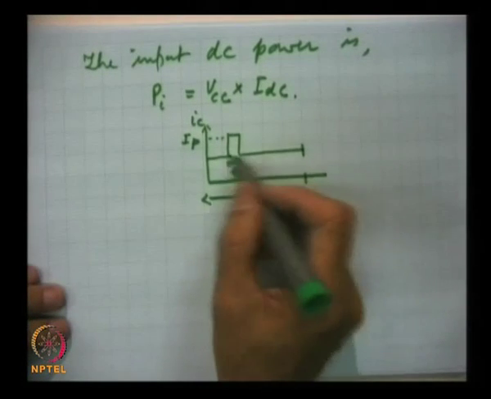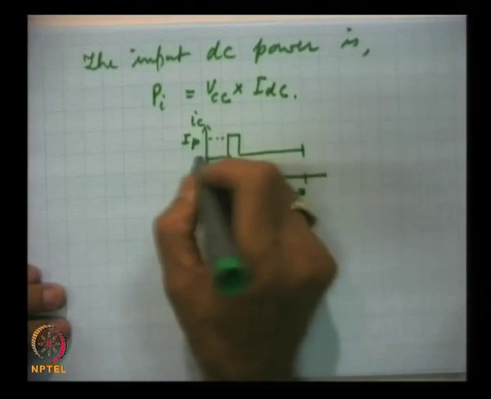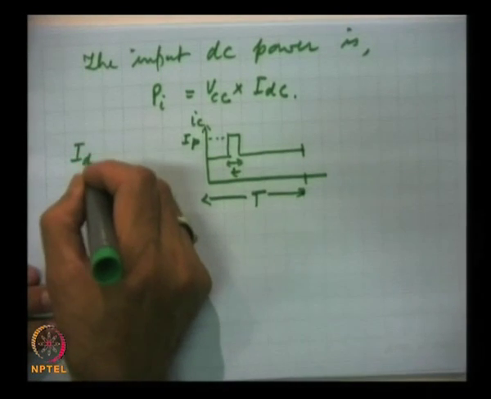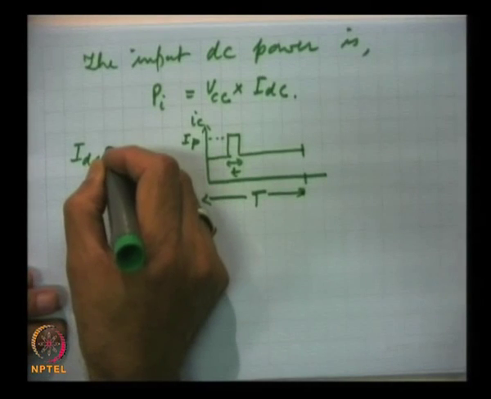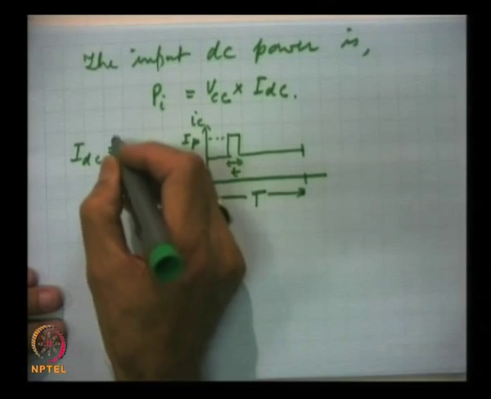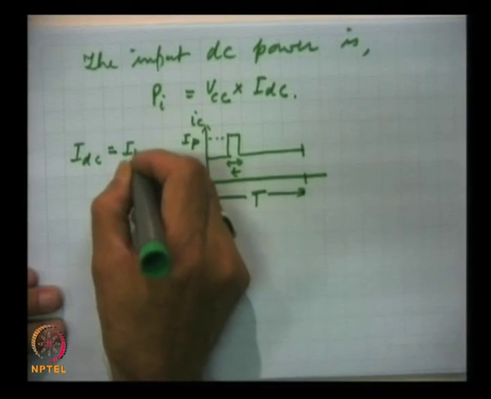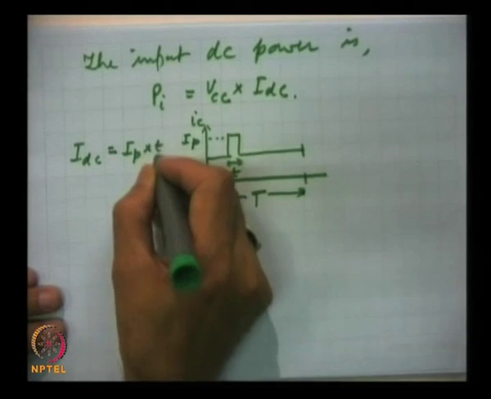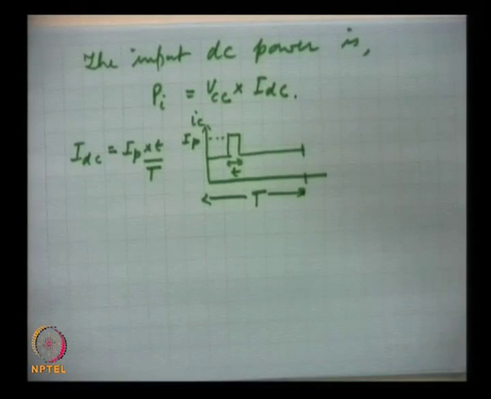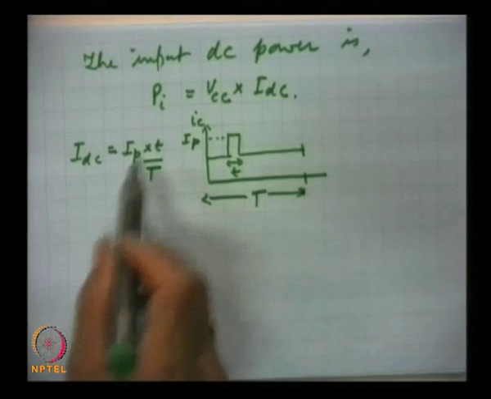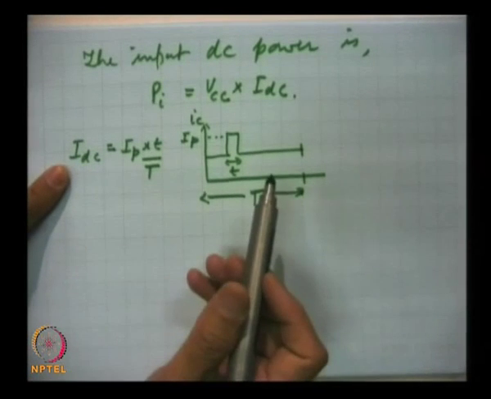Then the DC component of this, we can write I_DC, will be equal to I_P, the peak value, into t by T. If this is 0, then I_DC drawn will be 0.